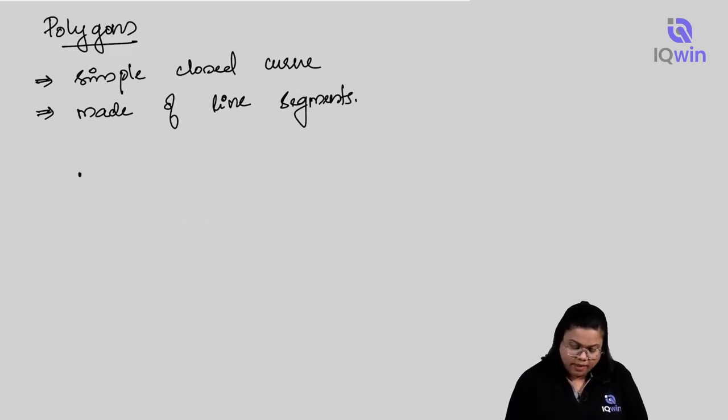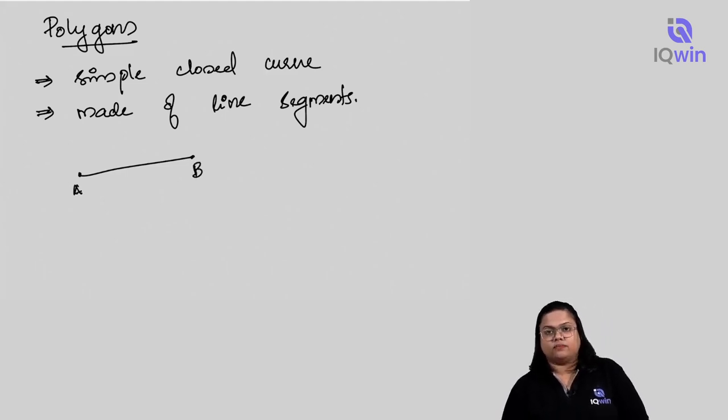What is a line segment? A line segment is a line with its endpoints defined. So, a polygon is a simple closed curve drawn with line segments.